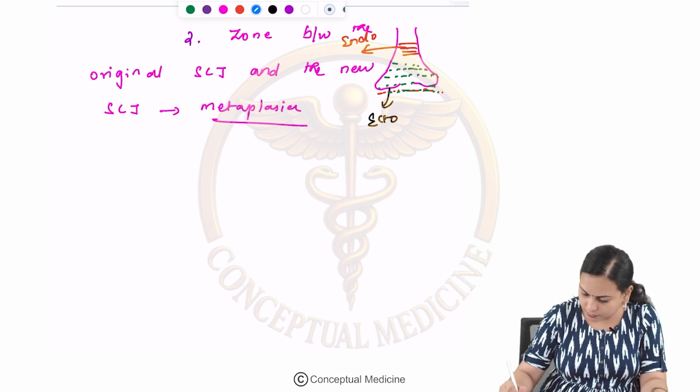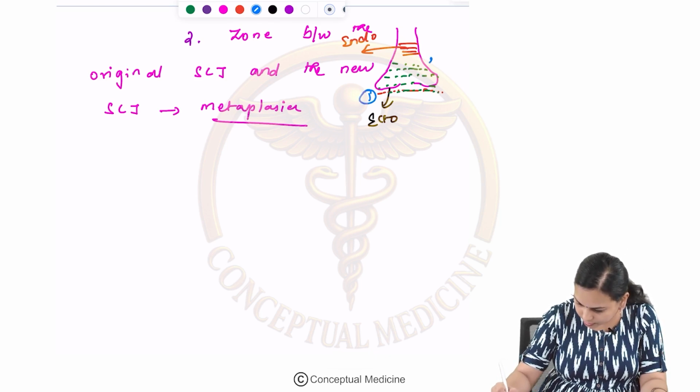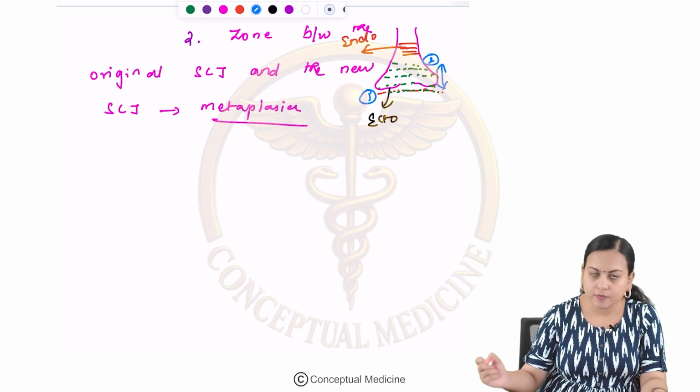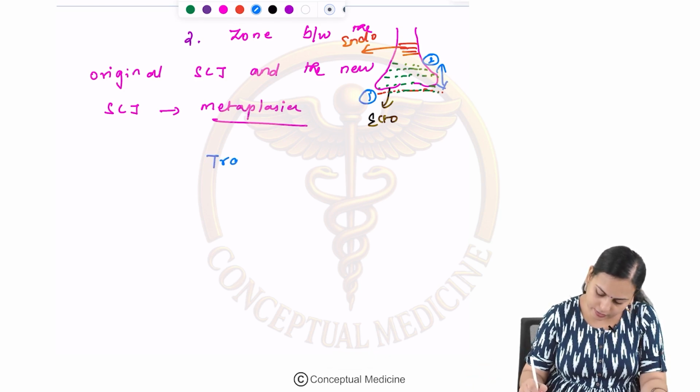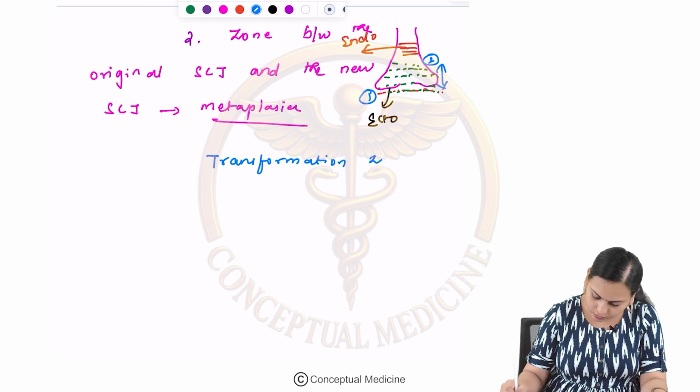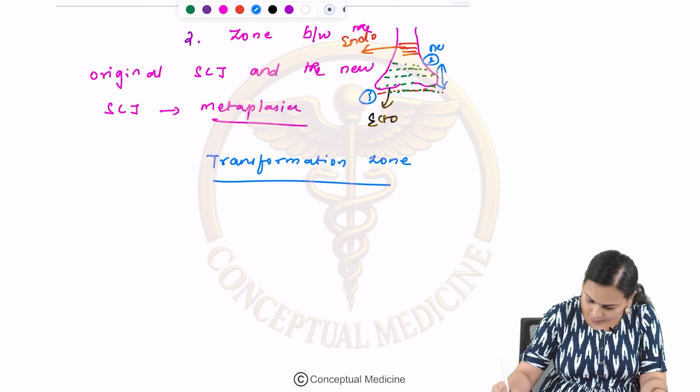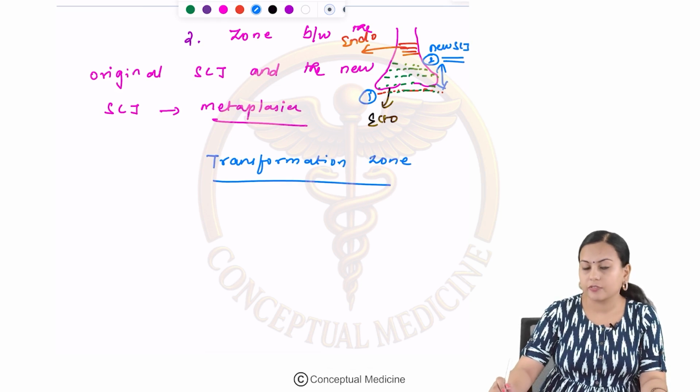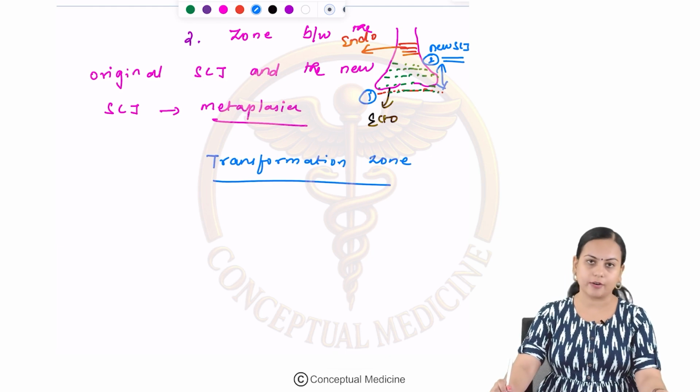Okay, the region between this starting point and this ending point, this region will be known as transformation zone. Okay. So, the newly formed squamocolumnar junction will be the proximal border of the transformation zone. That is what you have to identify.